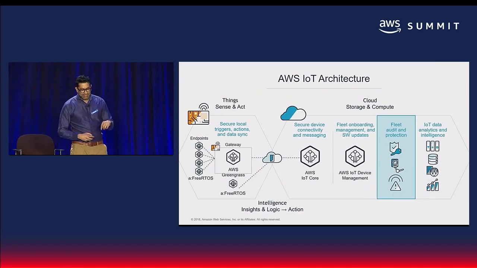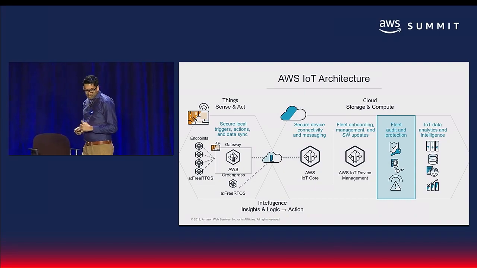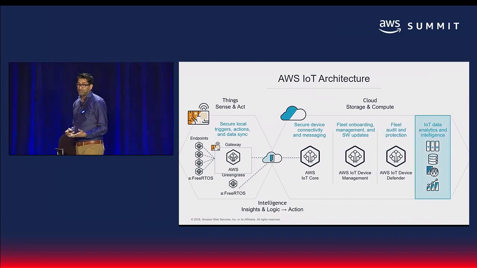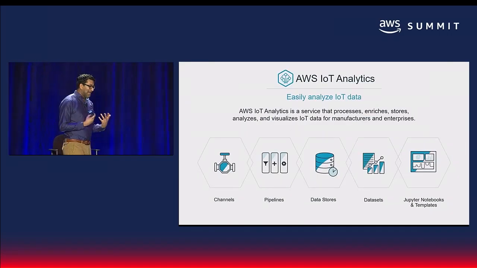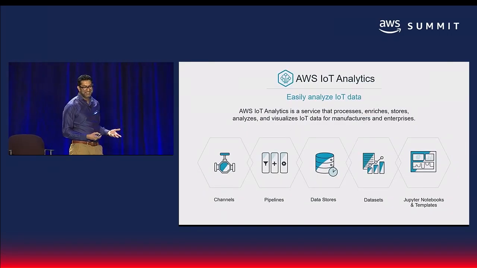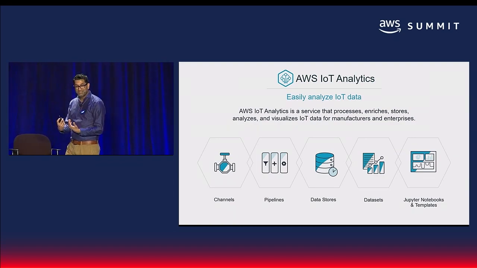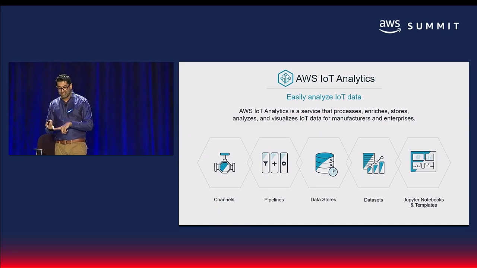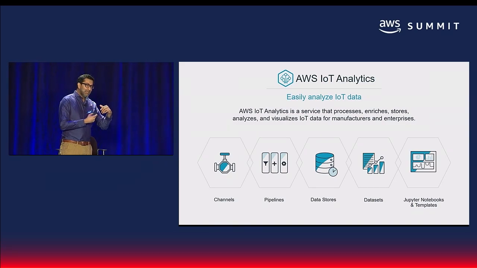Now, one of the final things I'll touch on before I hand off to Eric is what we call the analytics platform. Again, aptly named IoT Analytics. What happens is you have various channels that you can set up, whether it's S3, whether it's AWS IoT, which is why it was designed, Kinesis.